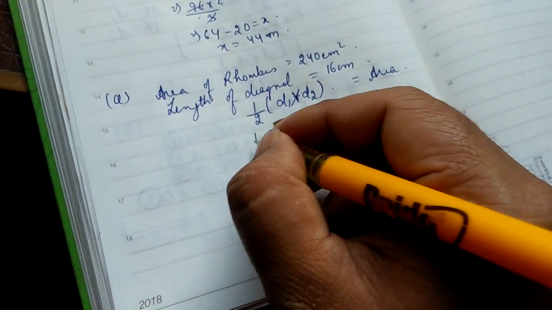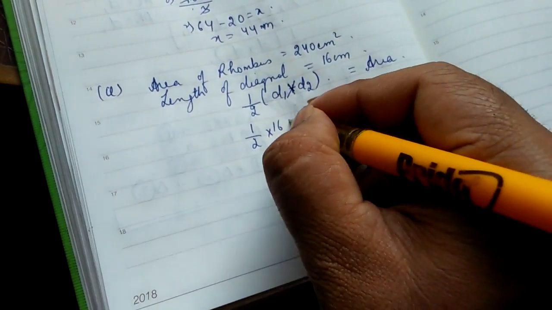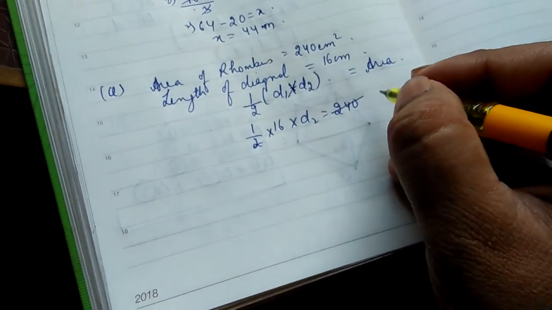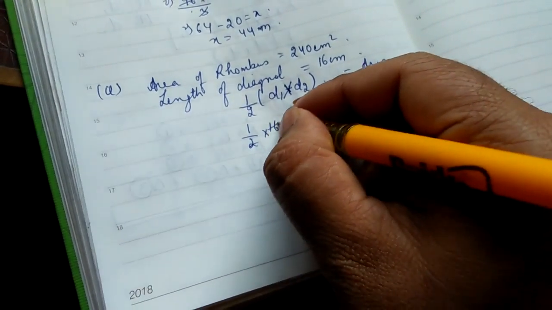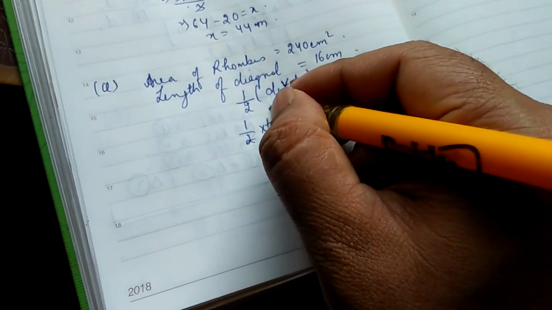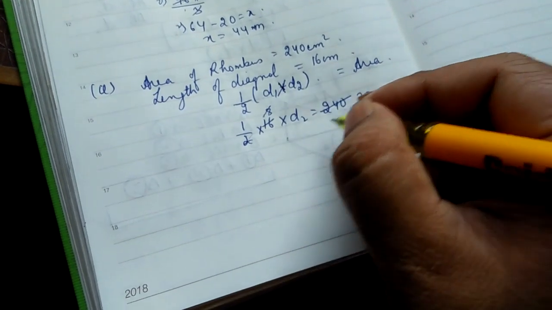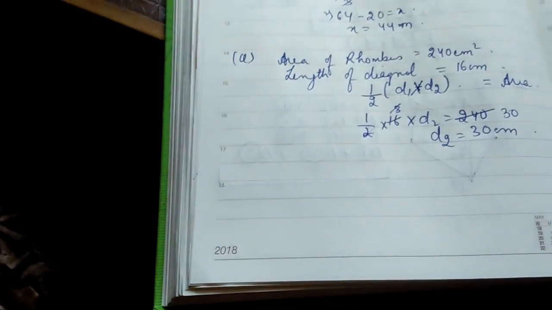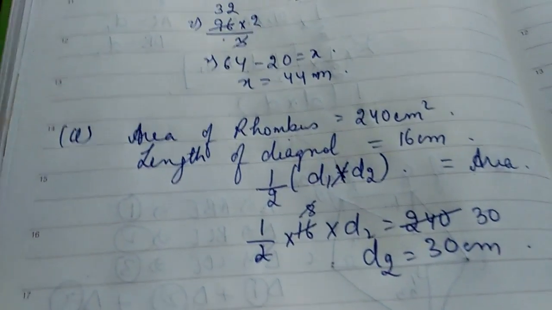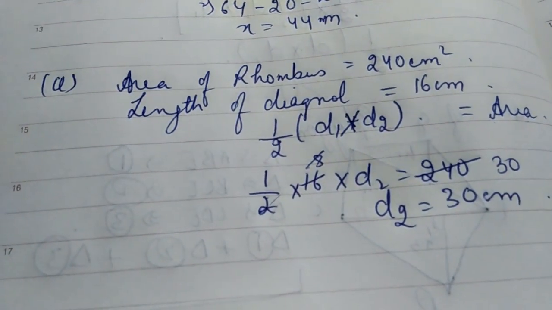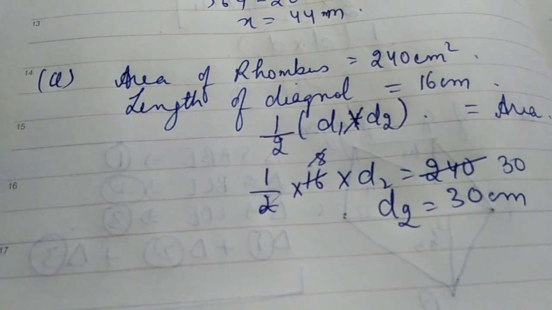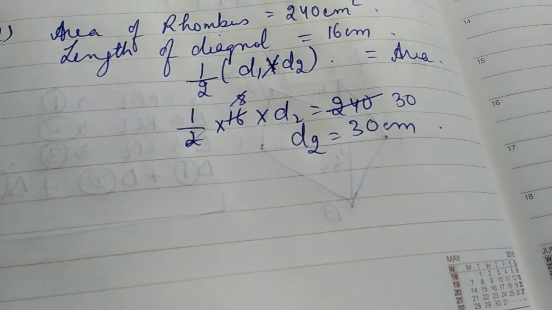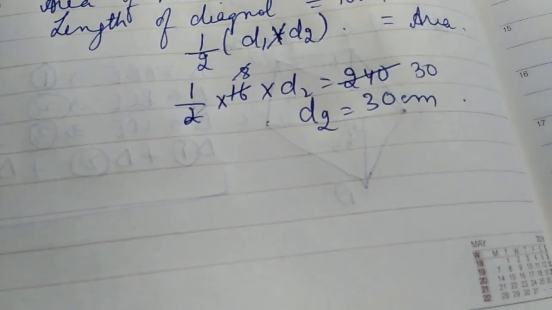So half into 16 into d2 is equal to 240. So 8 times d2 is 240, so d2 is equal to 30 centimeter. So this is the second diagonal. This is how you are going to solve it. So these are simple questions that you will get in mensuration.